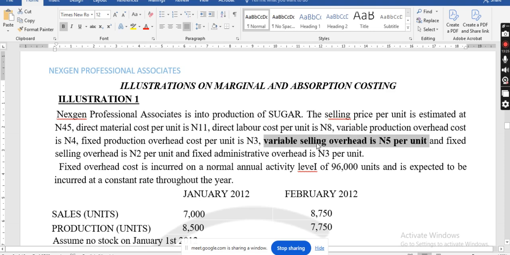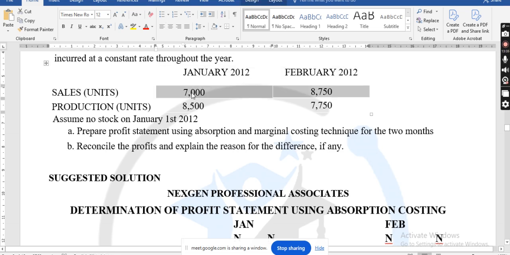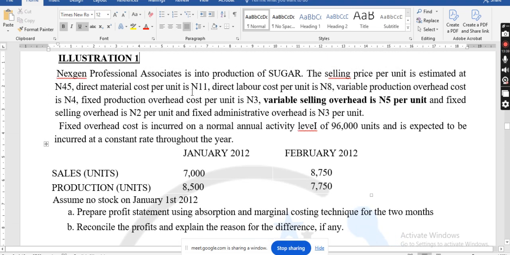Don't go and multiply by production, class. Now you can see the sales for each month, 7,000 and 8,750. So you multiply your 5 naira per unit times the 7,000 for January and 8,750 for February.